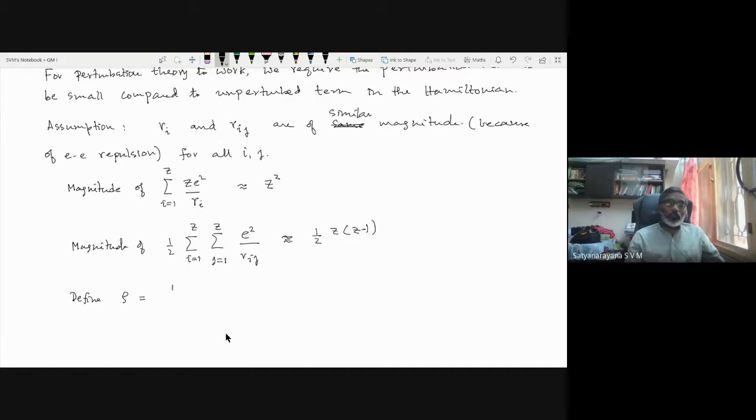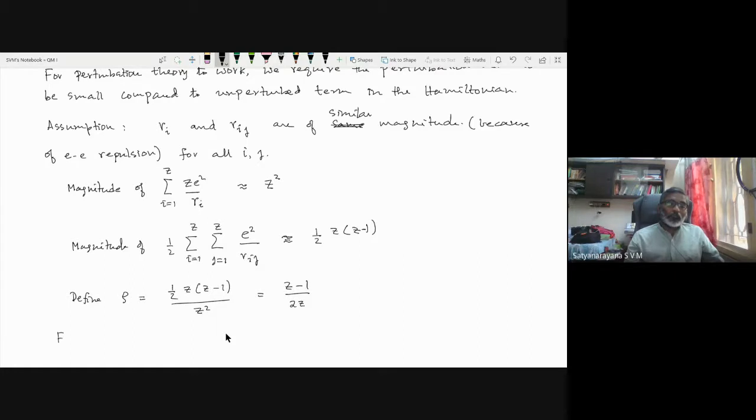That is half z times z minus 1 divided by z square, which is equal to z minus 1 by 2z. Now, why am I calculating this?